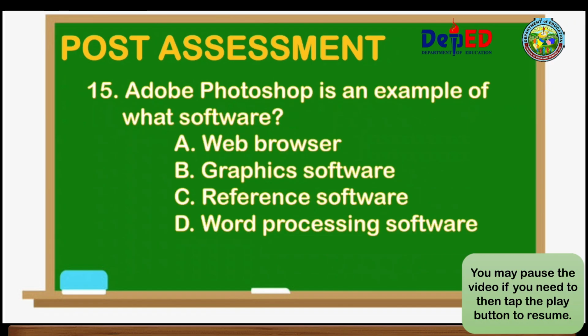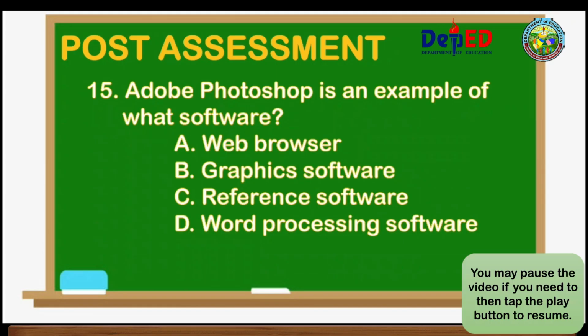Number 15. Adobe Photoshop is an example of what software? A. Web browser, B. Graphic software, C. Reference software, or D. Word processing software? The correct answer is B. Graphics software.